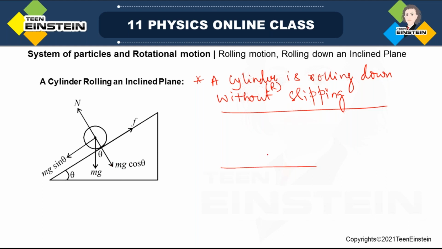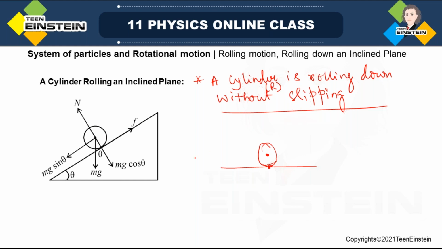In case of horizontal motion of the disk without slipping, only one point was fixed, and rotation was happening through the center of mass.